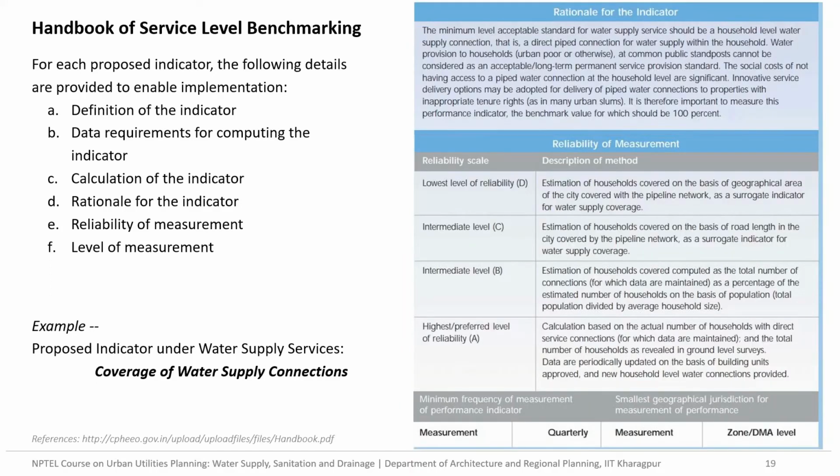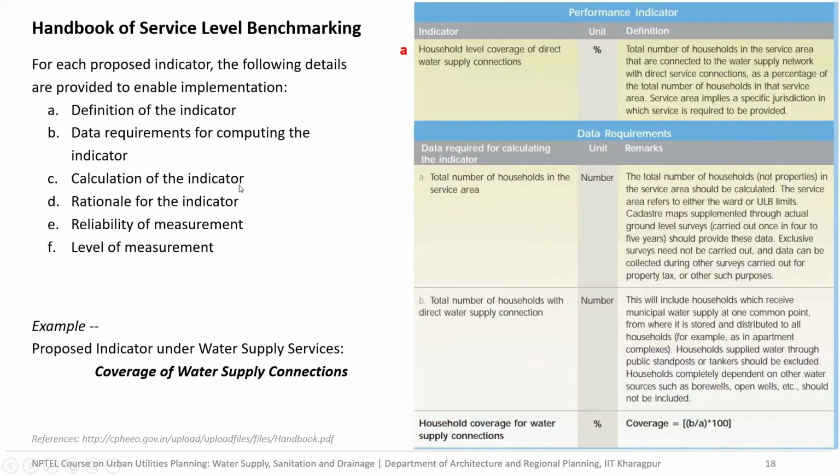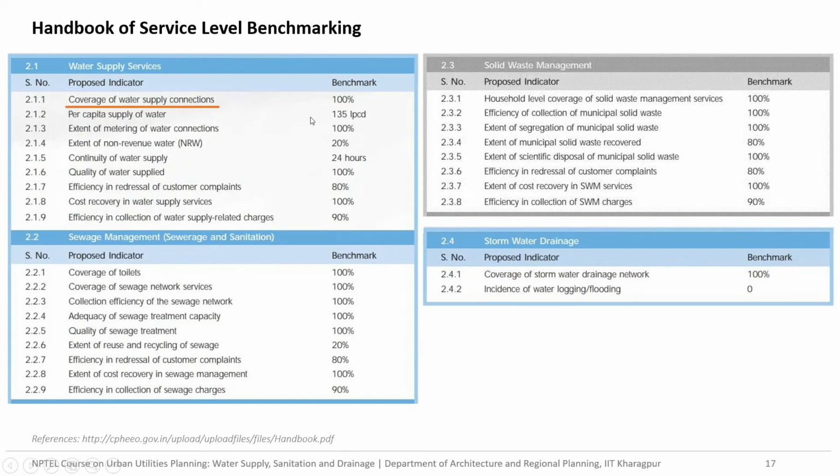If the urban local body is actually coming out to be 78%, the benchmark set by the government or CPHEEO is 100%. So they are giving no excuses. Any urban local body which is supplying water should be able to reach all the houses in its service area, no matter what.